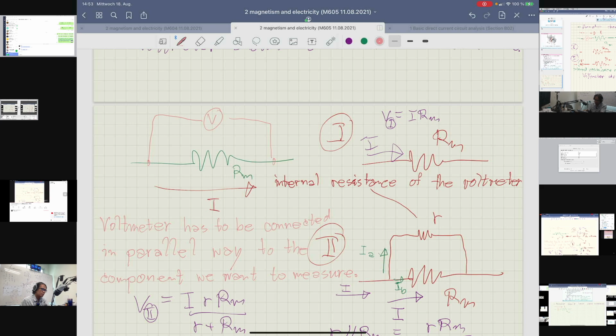What else? We are going to apply the galvanometer as the ammeter. The instrument that measures the current is usually called an ammeter, and the essential concept is that any ammeter should have zero resistance.